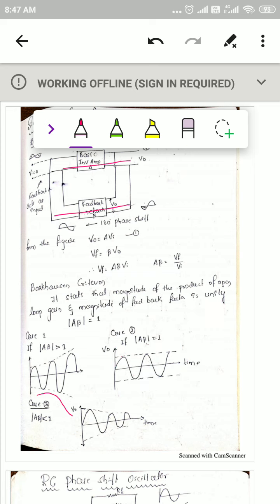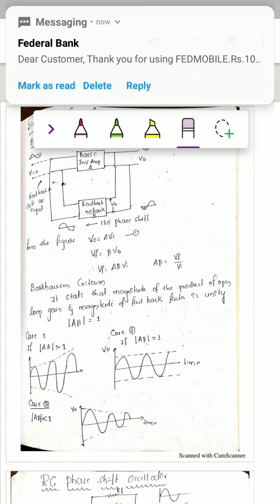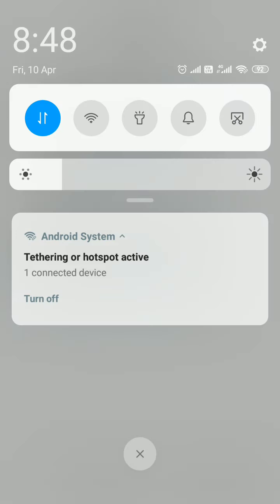In the third case, if A into beta is less than 1, you will get gradually decreasing, decaying oscillations. So these are the three different cases of the Barkhausen criteria for producing oscillations. That's about the Barkhausen criteria.